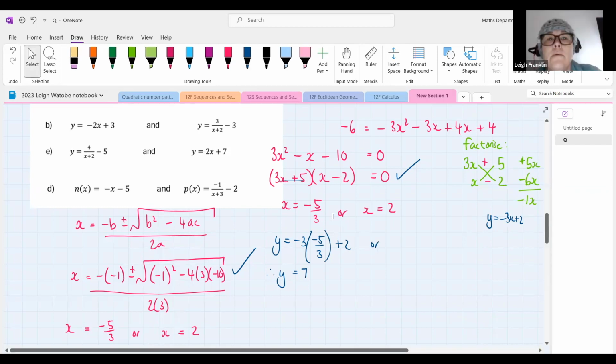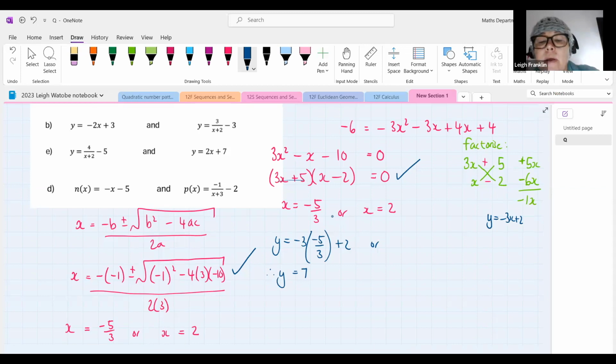Or y would be equal to -3 times 2 plus 2. So y would be equal to -6 plus 2, which would be -4. Did you guys get the same answers? Okay, so either x is -5/3 or it's 2, and y is 7 or it is -4.